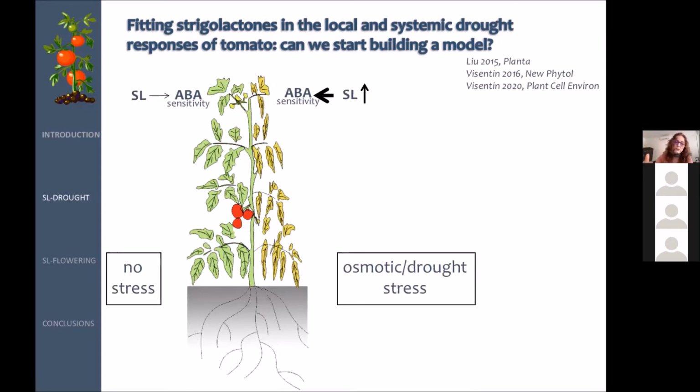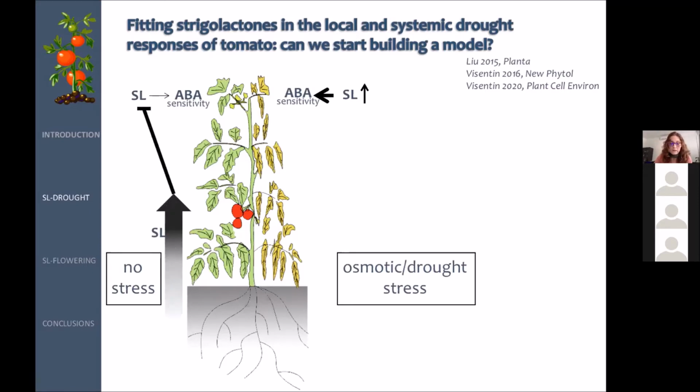And if we treat with exogenous strigolactones, then we will see that sensitivity to ABA will go up as well. So this seems to be, if not the main, one of the most important ways by which strigolactones positively regulate drought responses. So what happens in the roots in the meanwhile?